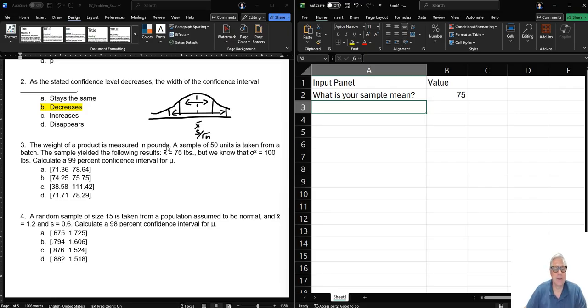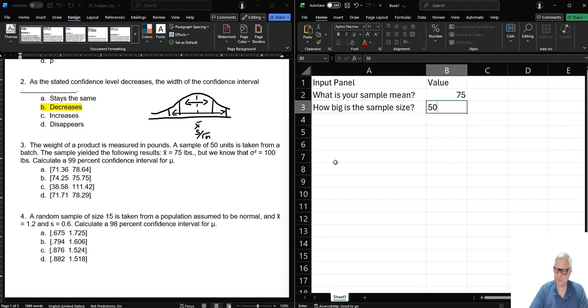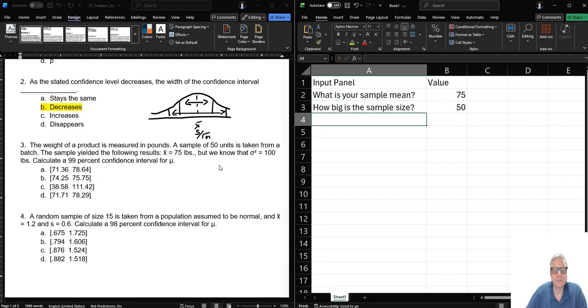And we also need to know how big is the sample. So how big is the sample size n? And in this case it is 50. So we already know it makes a big difference whether we know the population standard deviation or not.